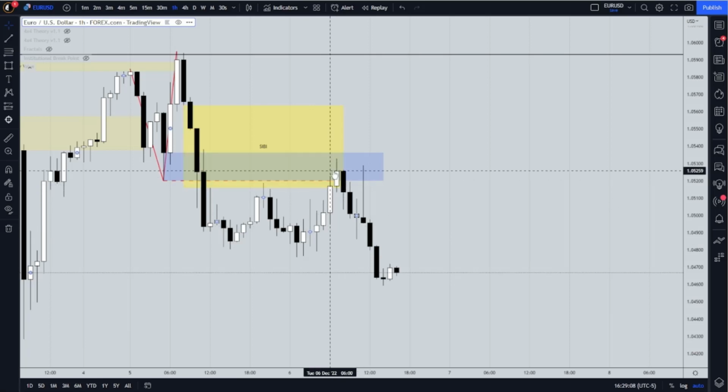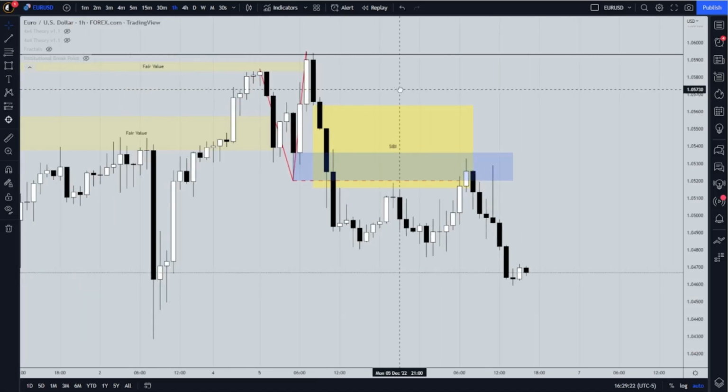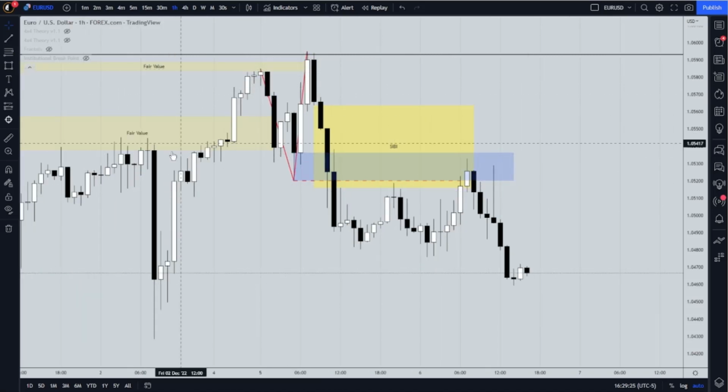So I'm mixing up different concepts here, blending things together to come up with a model of my own. So we have the swing low, the fractal, fair value, and sell side imbalance, buy side inefficiency. That forms the breakout on here.